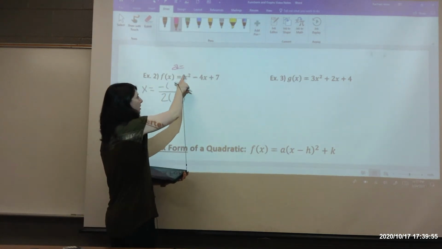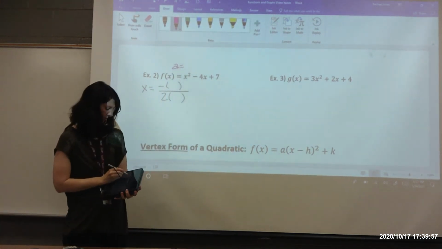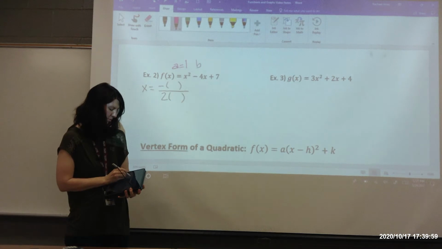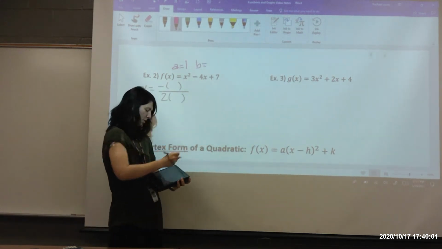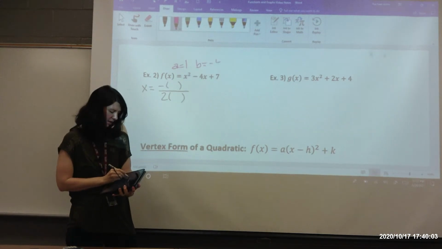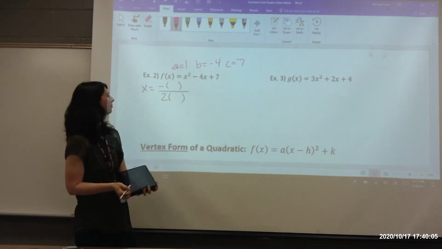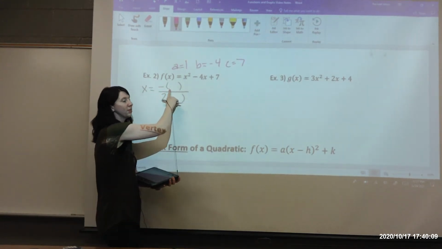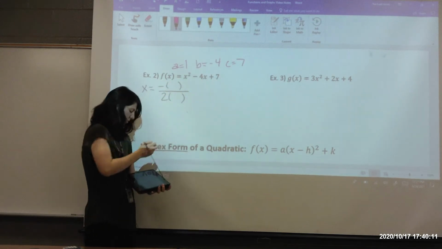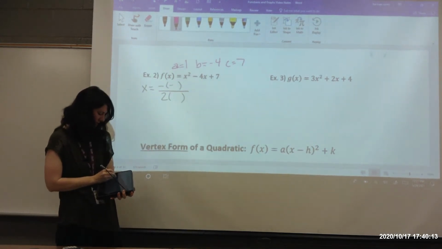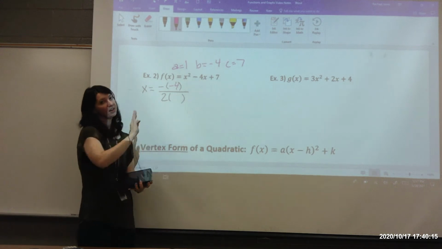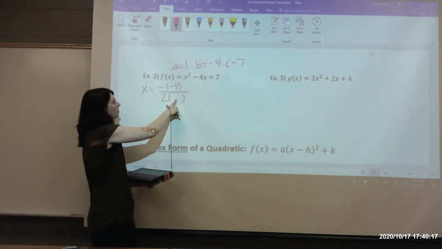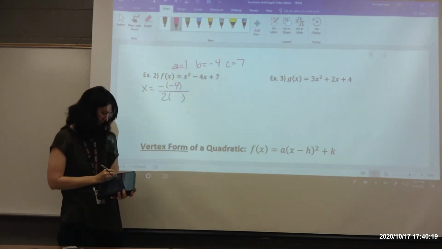Well, the number being multiplied by x squared is an understood 1. b is the number with x, which is our negative 4, and c is our constant, which is 7. So if I want to plug in negative and then our b, notice I did negative then parentheses. Our b is negative 4, so I'm going to put in negative 4 in the parentheses. We have a double negative there, that's okay. And then 2 times our a, which is 1.